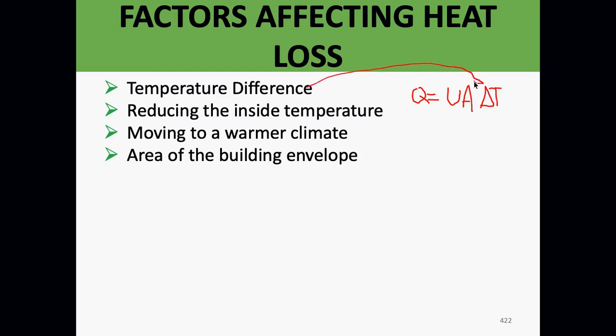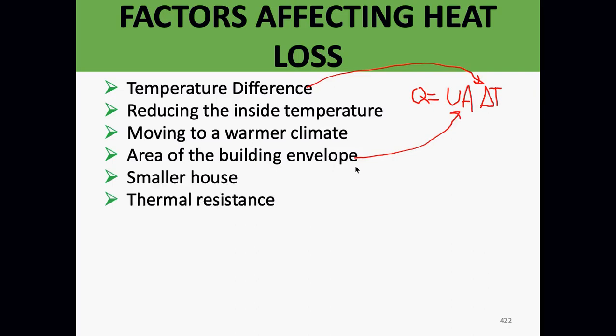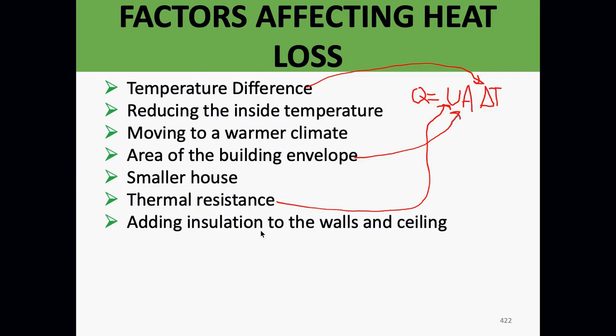If I change the temperature difference, I'm going to make a difference. If I change the area, I'm going to make a difference. And if I change the thermal resistance of the building materials, I'm going to make a difference. Adding insulation to the walls and ceiling makes a difference.